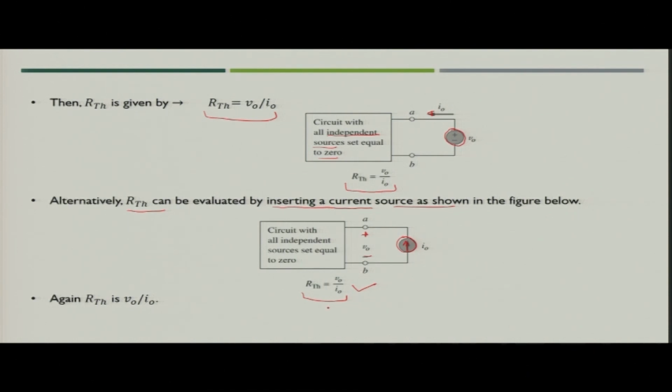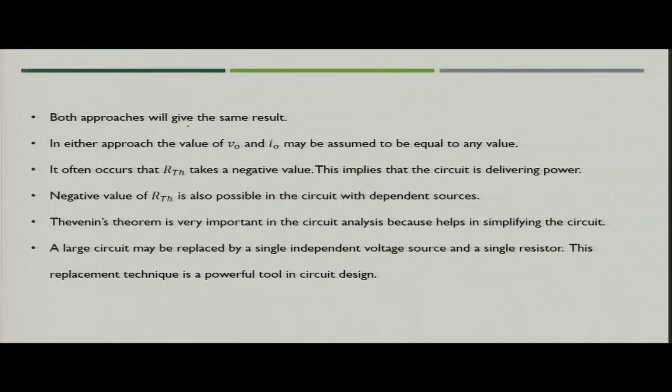So, in that case RTH would be nothing but V naught upon I naught. Now, in both of the cases you can use any one of the methods. In both cases you will get the same value of RTH, so you will eventually get the same result.